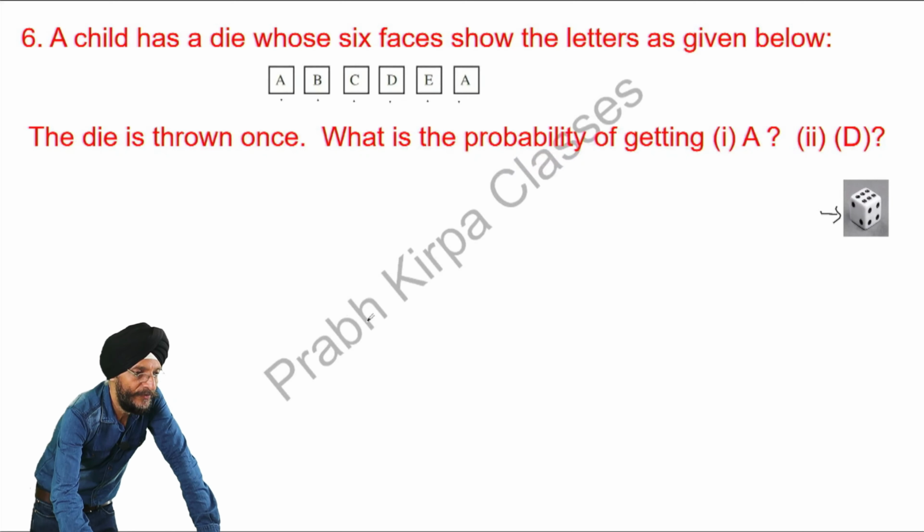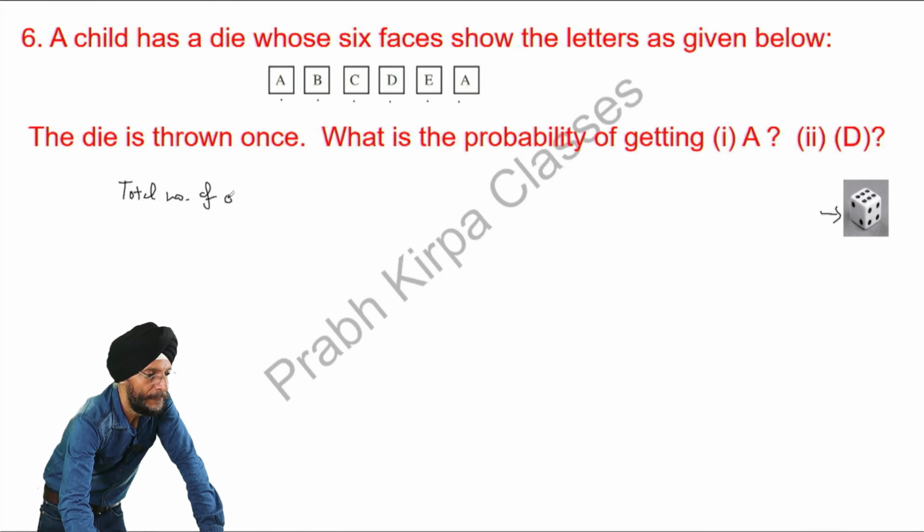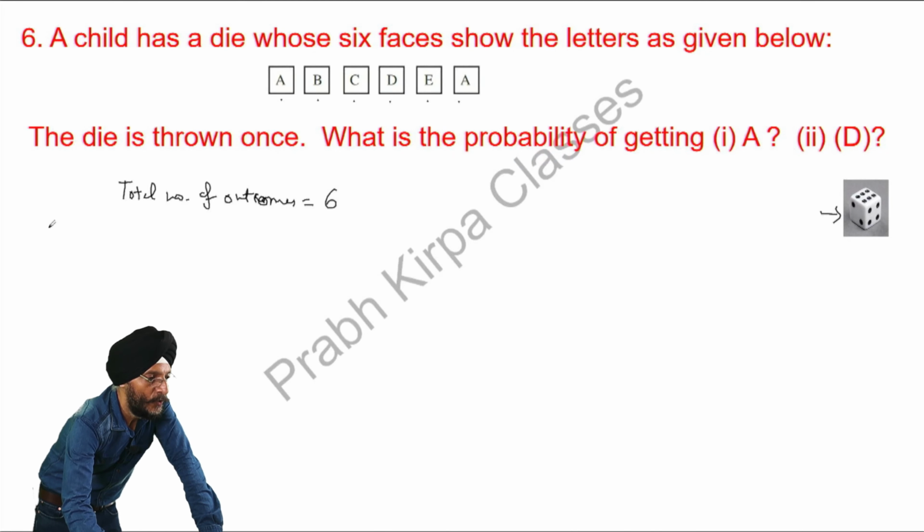So we will now solve the question. The total number of outcomes, that is the total number of faces, is 6.